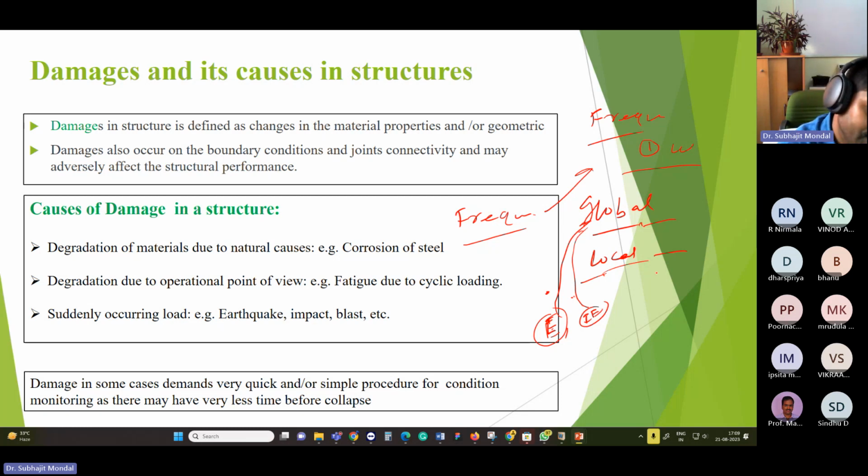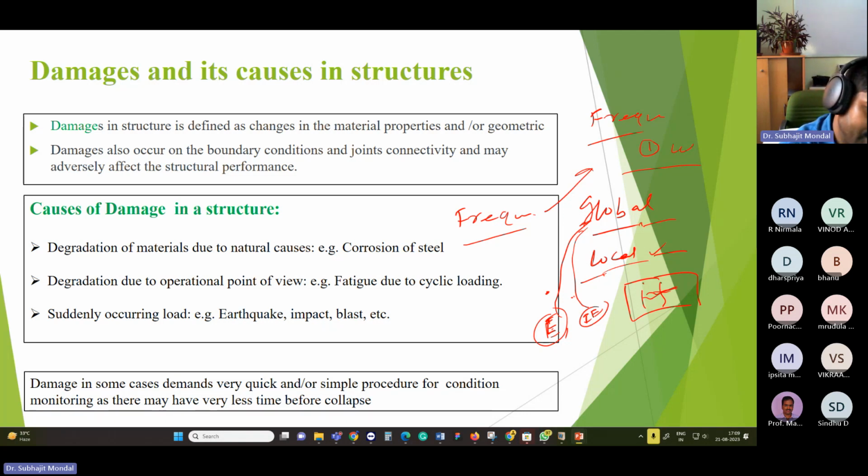And the local one is where you see acceleration data or wave propagation data. You have a structure, we give an impulse here and measure here. If there is damage in between, the damage interacts with the wave, and you can see differences in the wave input and output. You can use that data for damage detection. So our damage detection can be global or local in nature.